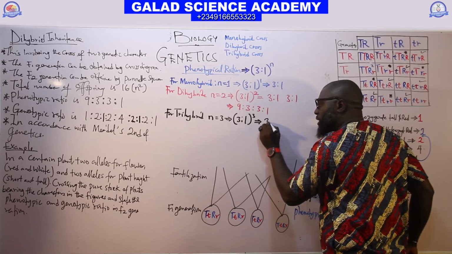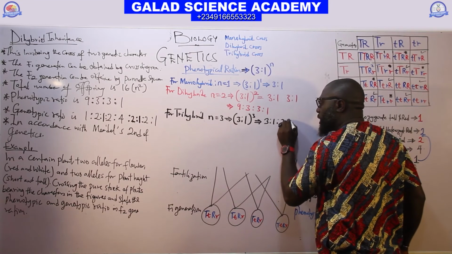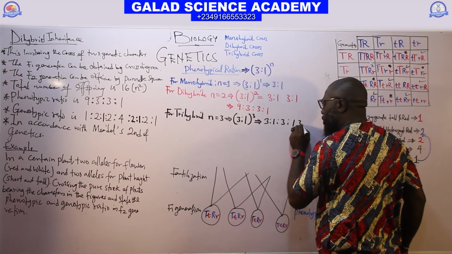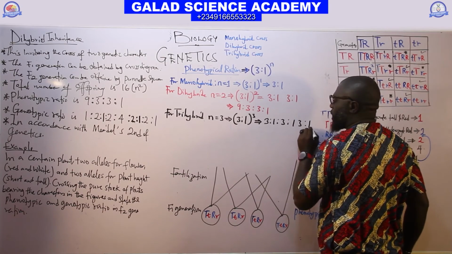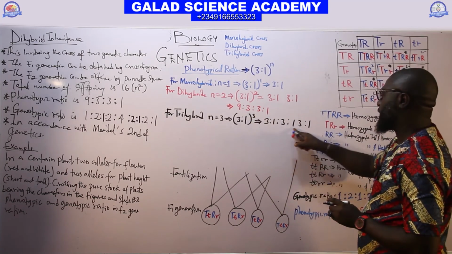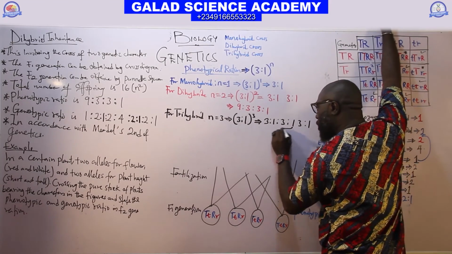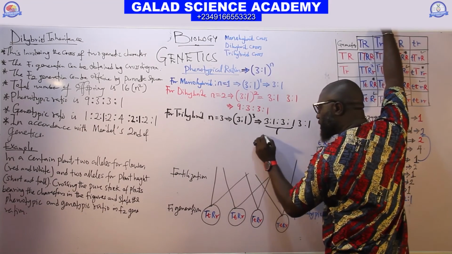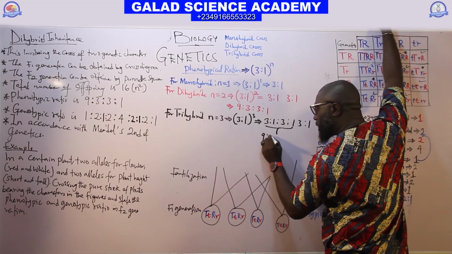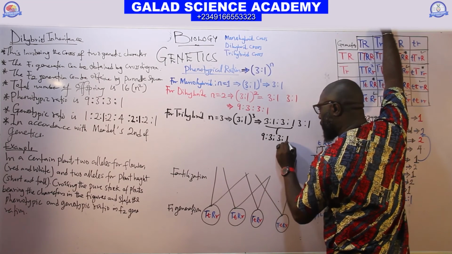Here we have 3:1 ratio 3:1 and ratio 3:1, because you write it 3 times. But as we all know, these two already give us 9:3:3:1.